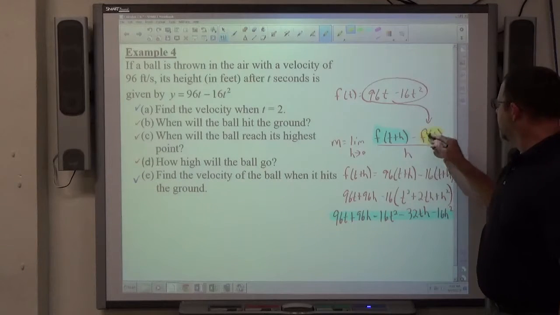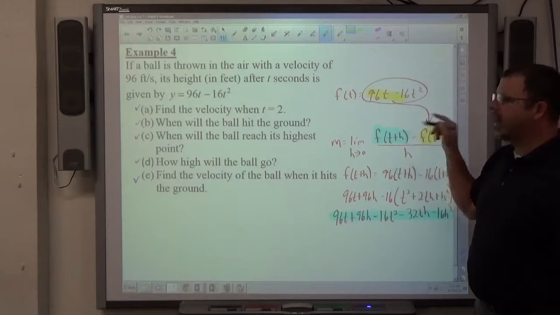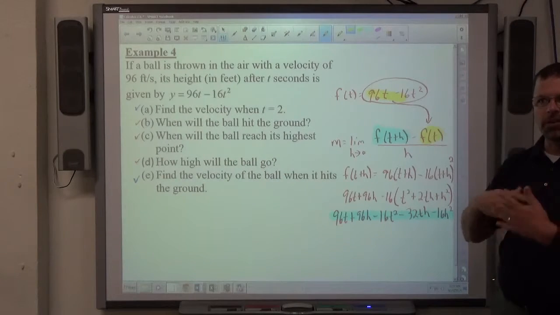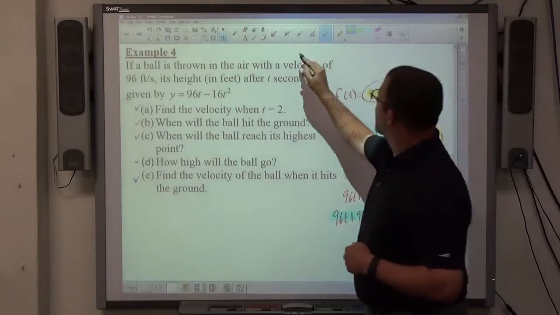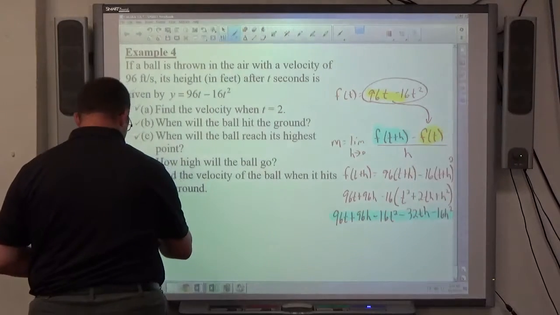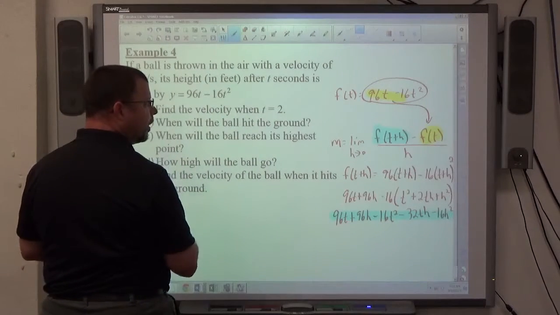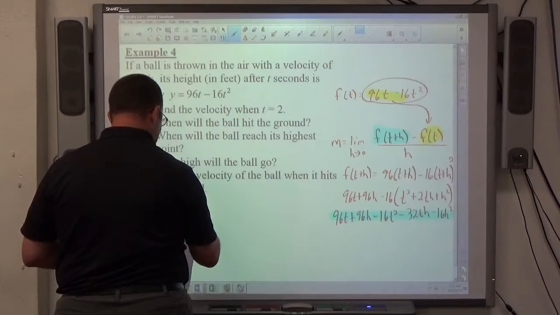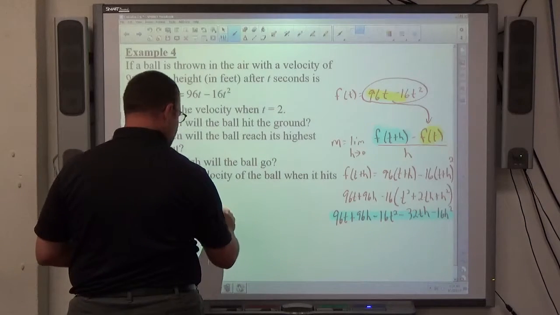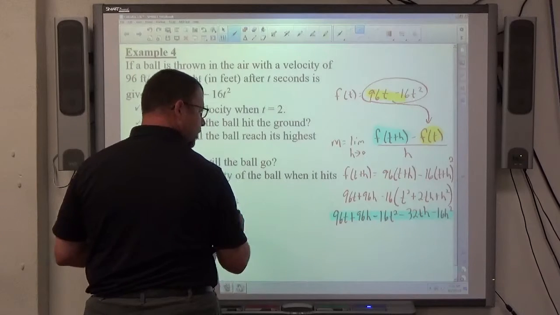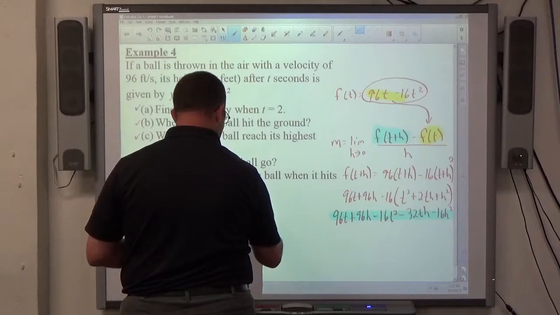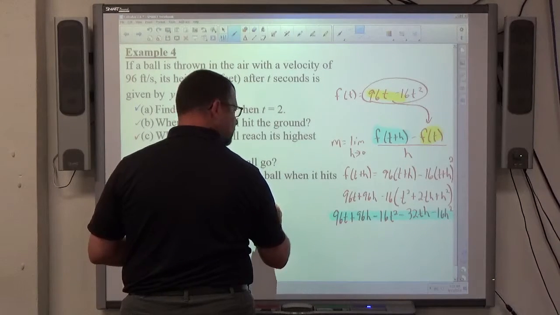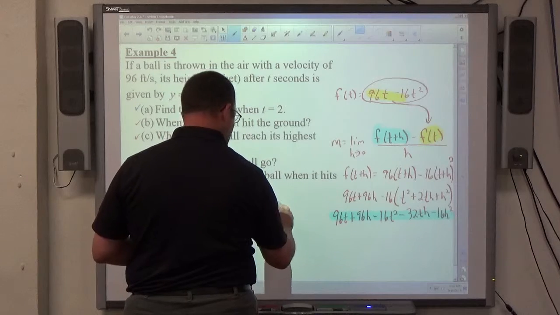F of t is that thing, and h is just h, right? So now if I just substitute that stuff in, my slope formula looks like this. The slope equals 96t plus 96h minus 16t squared minus 32th minus 16h squared.